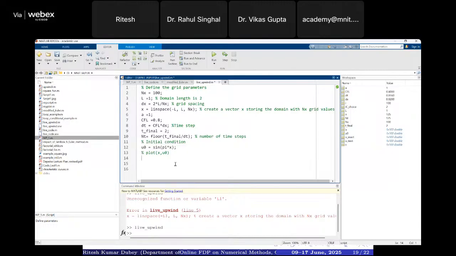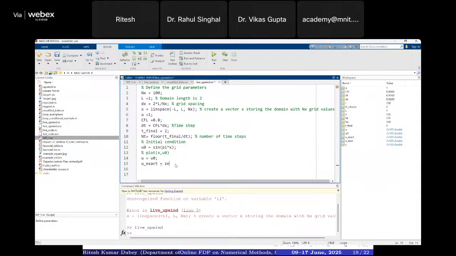So first we will keep this intact and leave it, and we will define a new variable u, and u_exact will be storing the exact solution. So basically we have to define the vectors u and u_exact at the same size as u0.